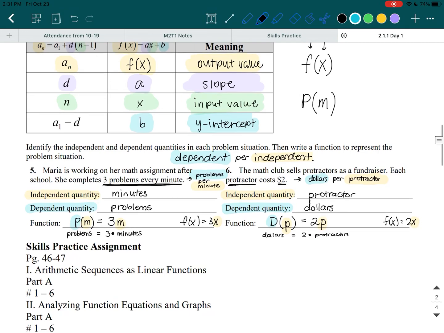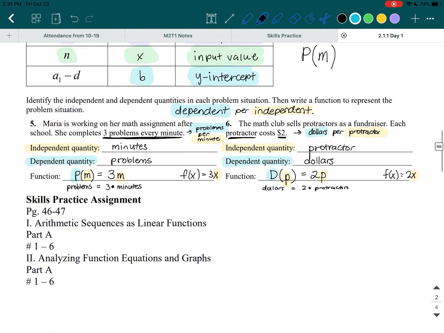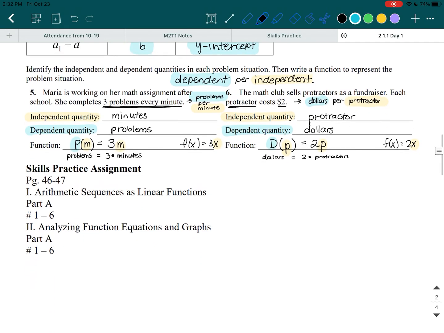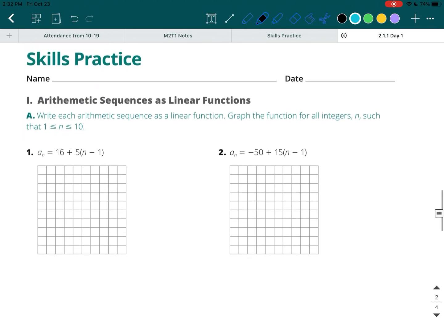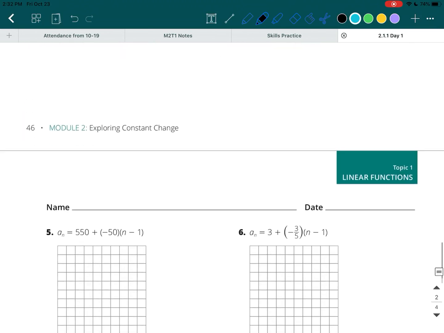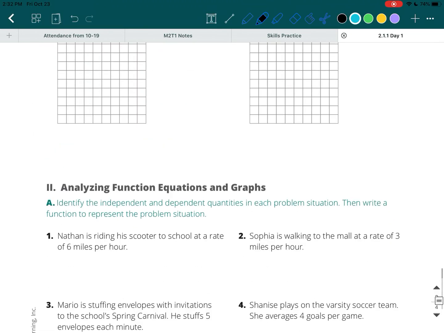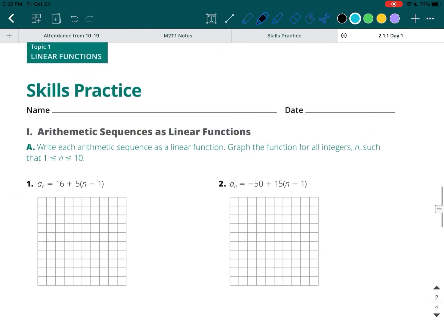So for the rest of this worksheet, you guys have the skills practice, which is available to you in the textbook that you guys got in the beginning of the year. I know we haven't touched it yet, but if you have it, you can pull it out and work on these pages, okay? Right over here. These are the pages that we are working for. Now, if you don't have a textbook, you can also use these screenshots over here to follow along, write it on a separate piece of paper like you have been.